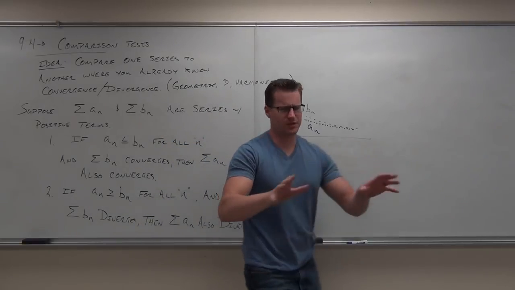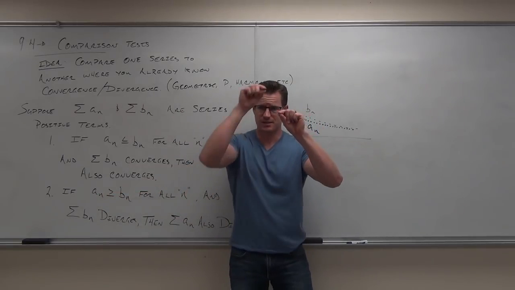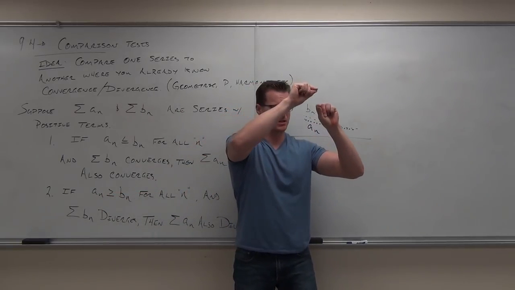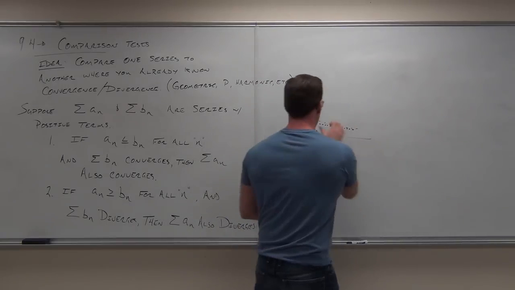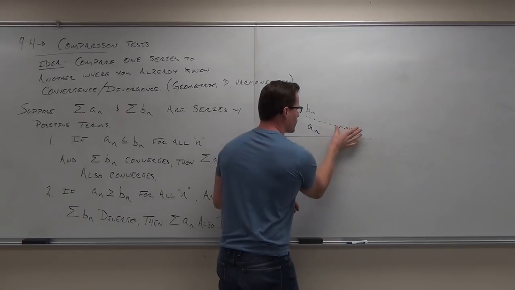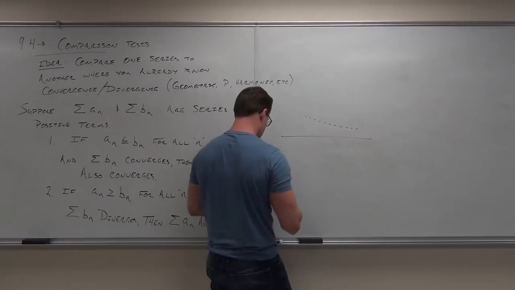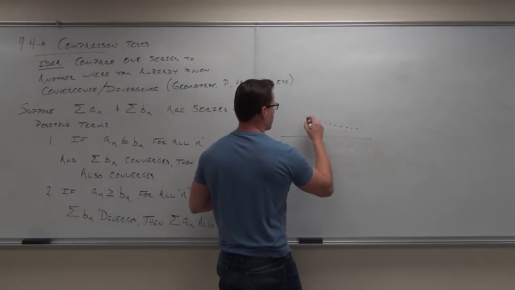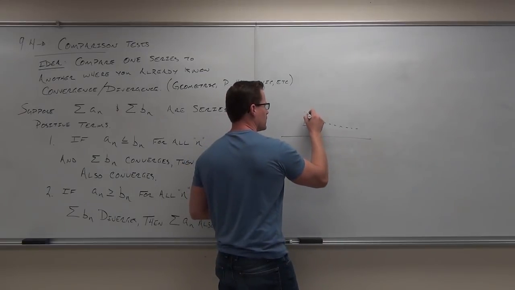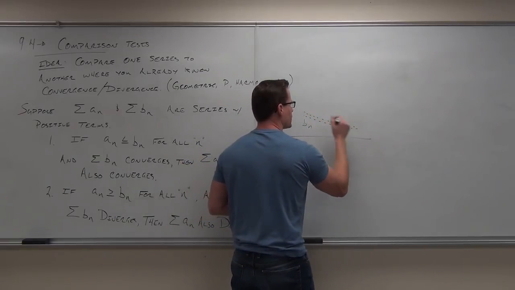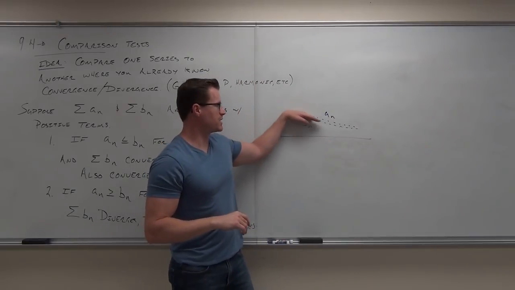Here's this case. Suppose that for every single term, here's B sub n, A sub n's a little bit bigger. Here's B sub n, A sub n's a little bit bigger. Every single time. Term by term, A sub n is a little bit bigger. Now suppose that the series of B sub n is divergent.